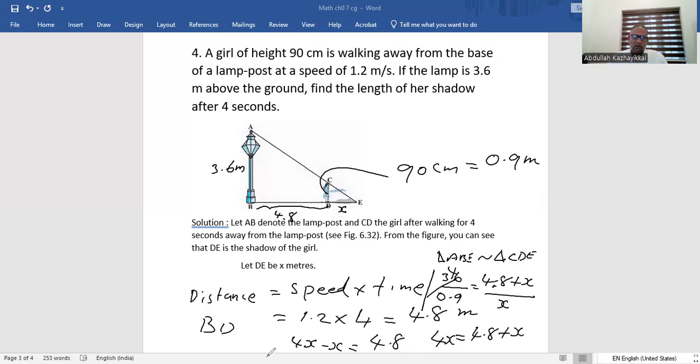What is 4X minus X? Of course, 4X minus X is 3X. So 3X is equal to 4.8, so X is equal to 4.8 by 3.